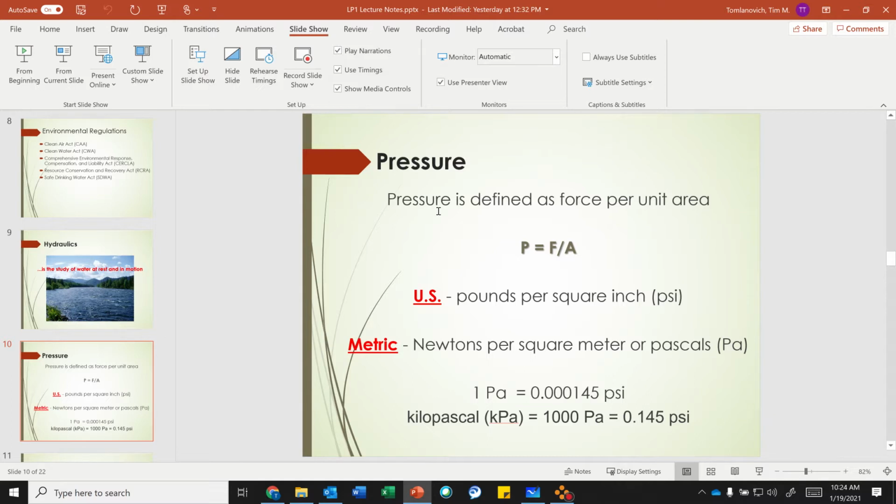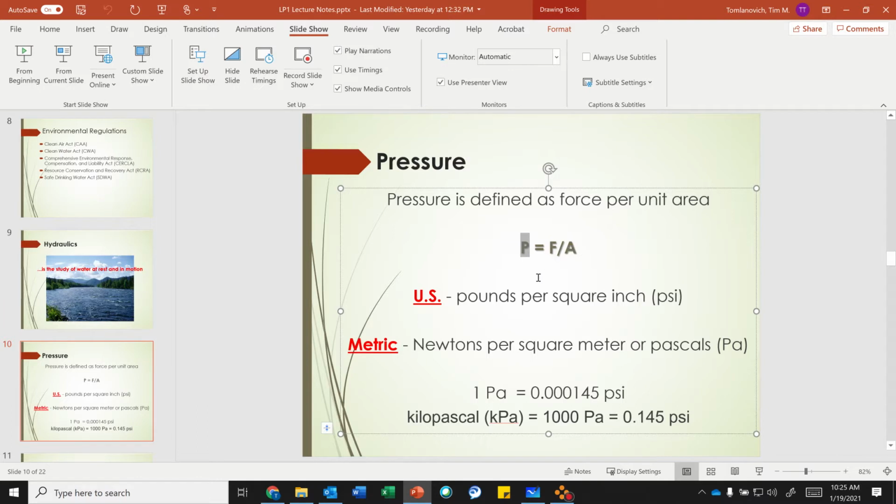Pressure is defined as a force per unit area. So in statics, P, that is pressure, is that force, remember that can be a weight, the unit weight of water, divided by an area.